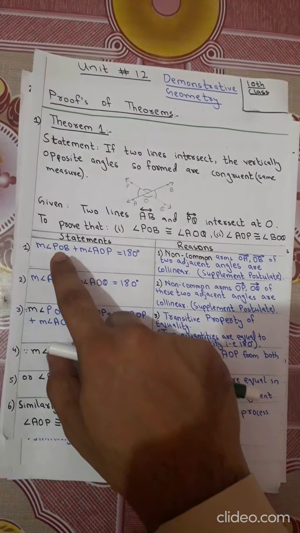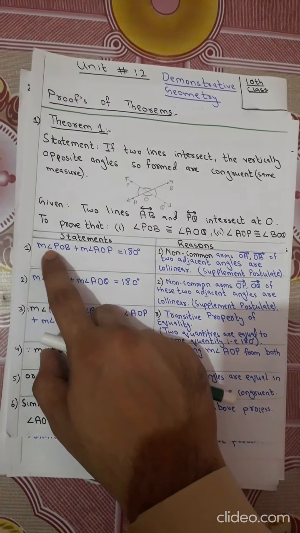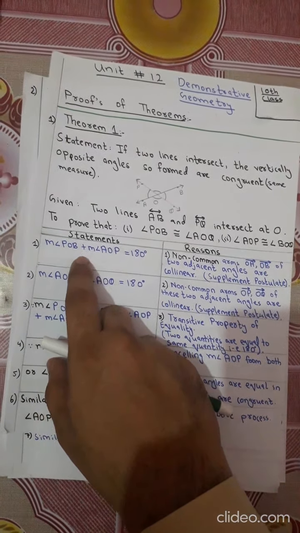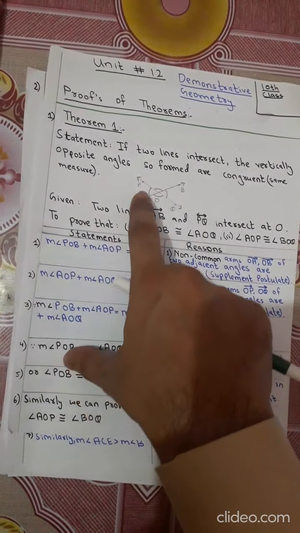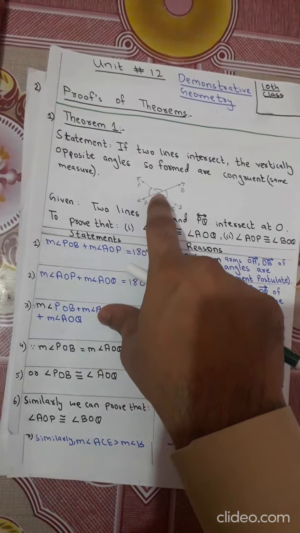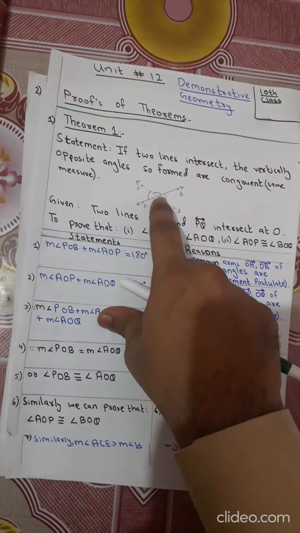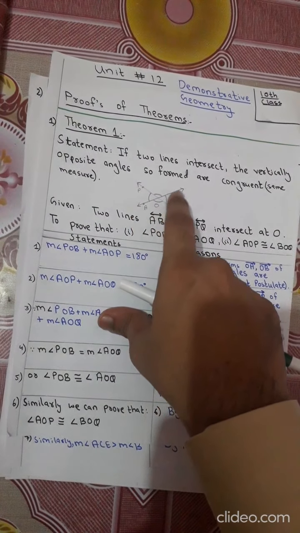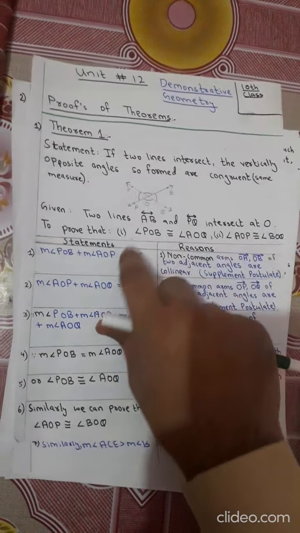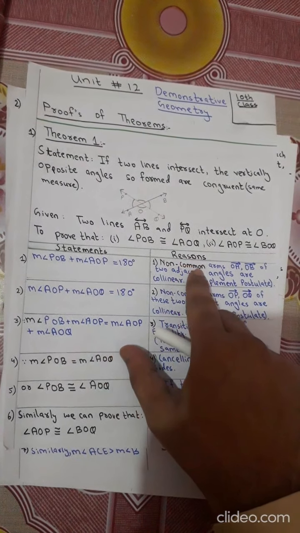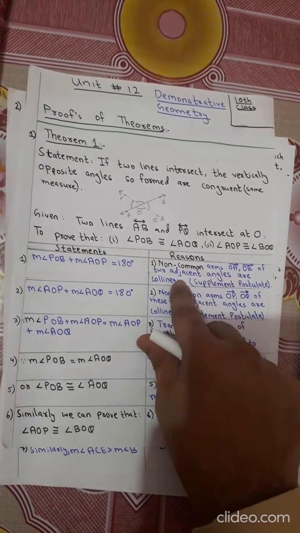Statements: measure of angle POB plus measure of angle AOP equals 180 degrees. POB and AOP are the angles on the complete line AB. Non-common arms OA and OB of two adjacent angles are collinear.